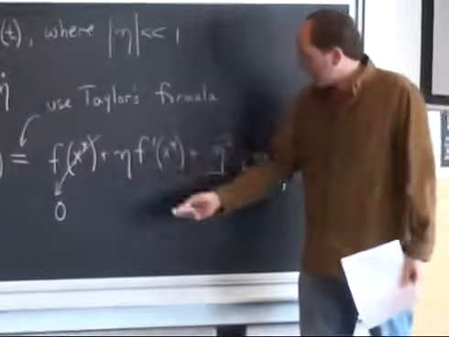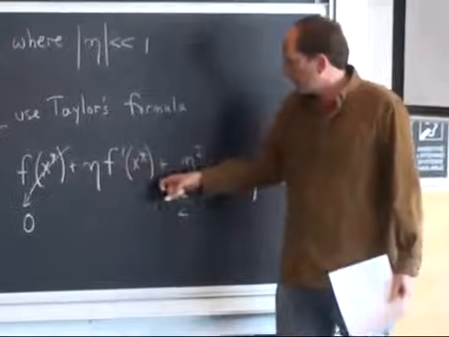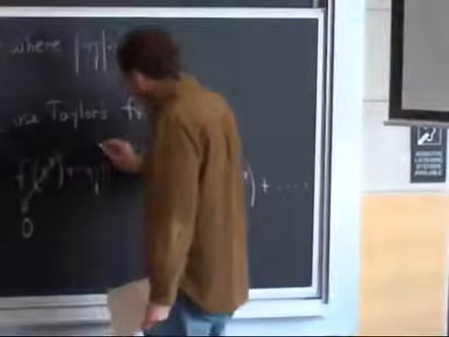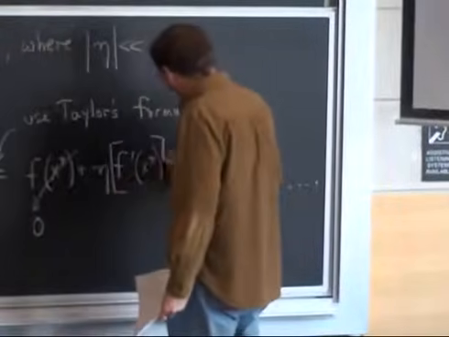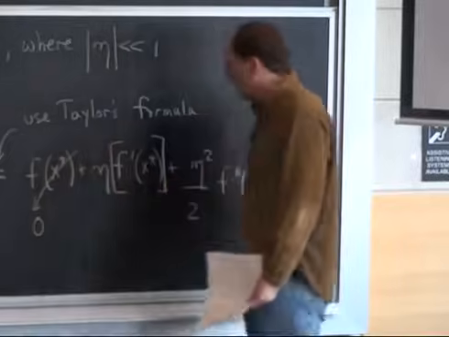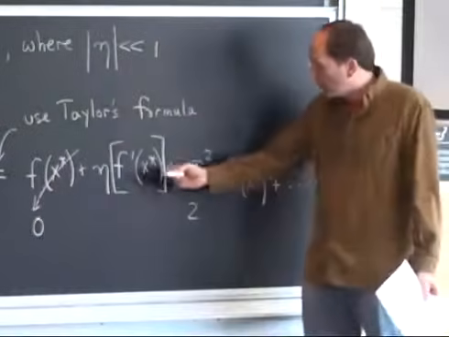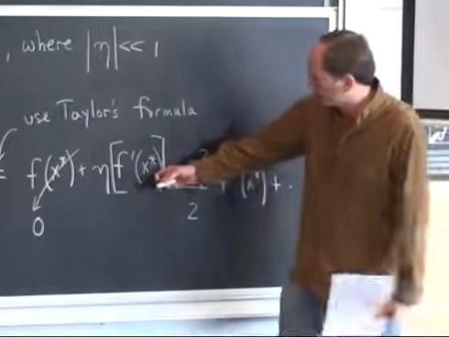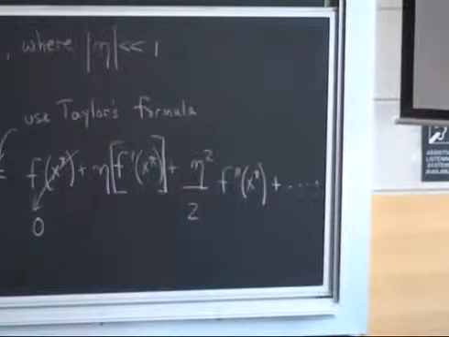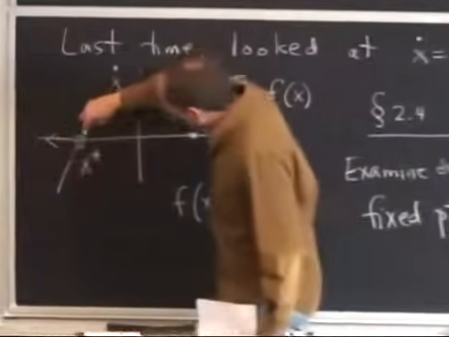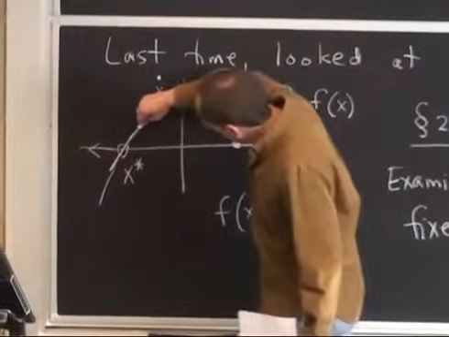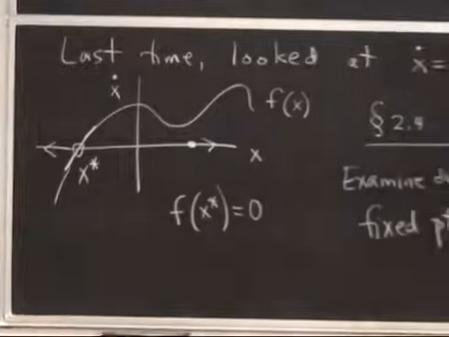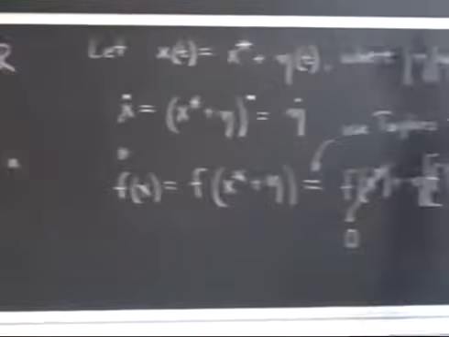It's proportional to eta, and although this looks like some complicated thing, f prime of x star, keep in mind that it's really just a number. I mean, it looks like a function, but it's a function evaluated at a specific point, x star, and all it's really telling us is the slope of f at the fixed point, which in this picture would just be whatever that slope is, f prime at x star.